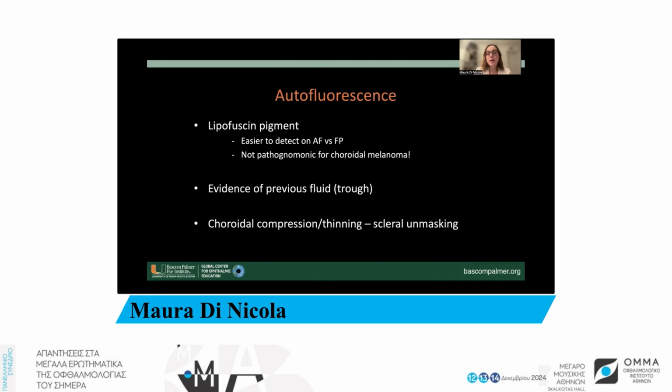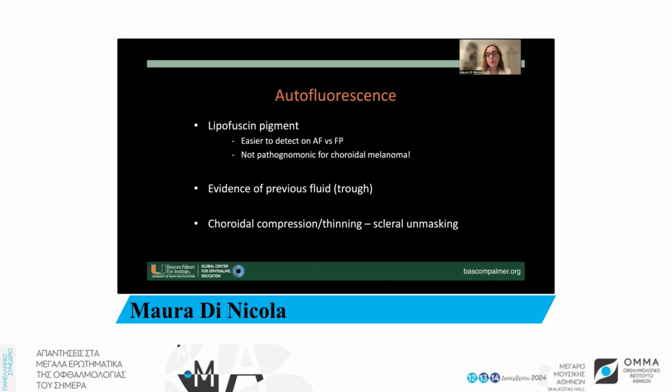Whatever the case, it always appears hyperautofluorescent on autofluorescence. So this is a particularly helpful modality in confirming that we are in fact looking at lipofuscin pigment. It's important to note that while it's often associated with choroidal melanoma, it is not pathognomonic for choroidal melanoma, as it can be found in other malignant and non-malignant conditions.